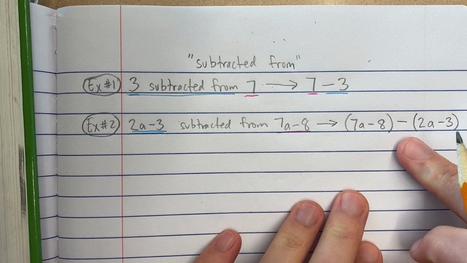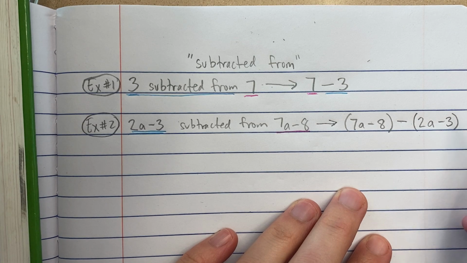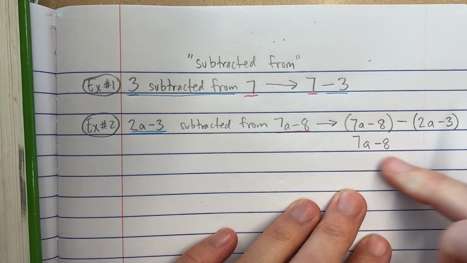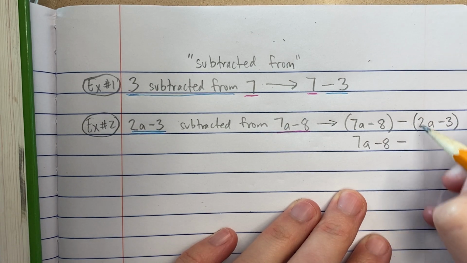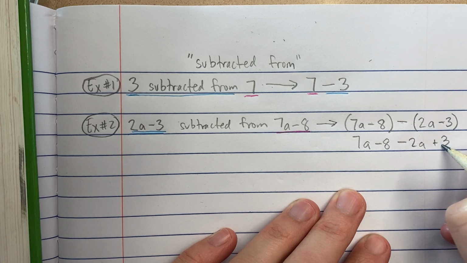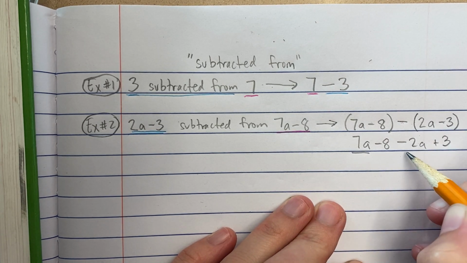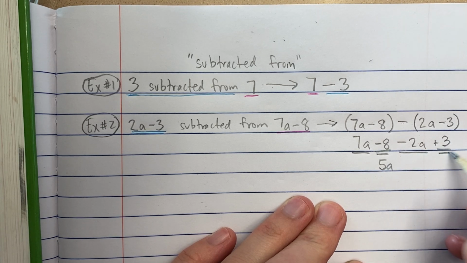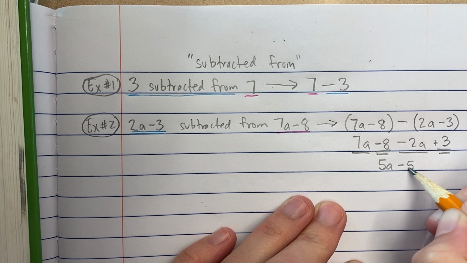Well, I would do what I'm always doing, and I'm subtracting. This subtraction sign applies to this set of parentheses, so I'm just copying, no change here. And then this is minus 2a. Minus a negative becomes plus. Now I can combine my like terms. 7a minus 2a is 5a. And negative 8 plus 3 is negative 5.